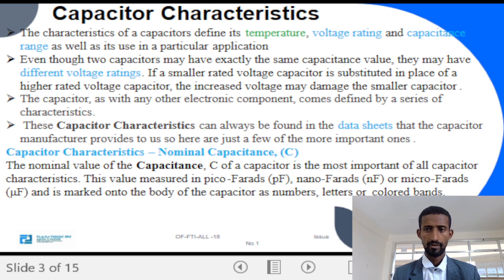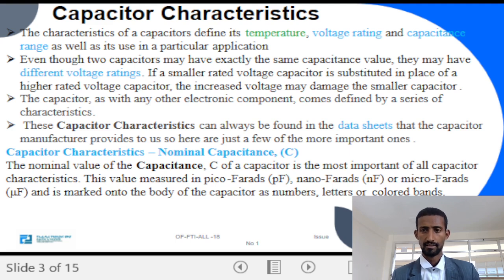The characteristics of a capacitor define its temperature, voltage rating, capacitance range, as well as its use in a particular application. For different applications, different capacitors are used. Even though two capacitors may have exactly the same capacitance value, they may have a different voltage rating.